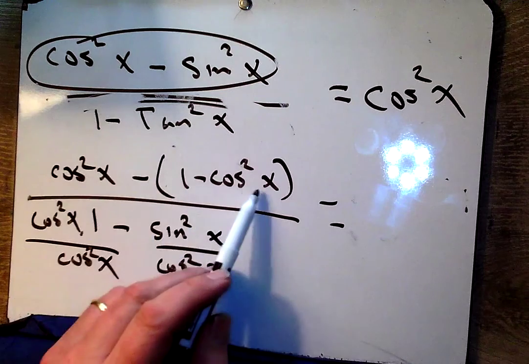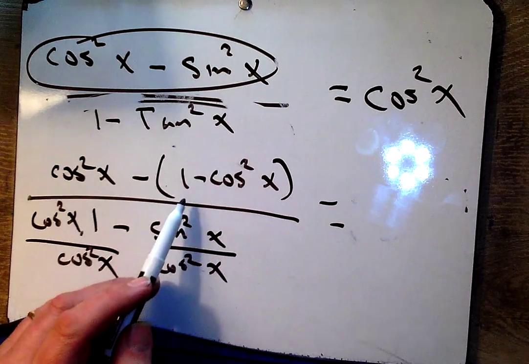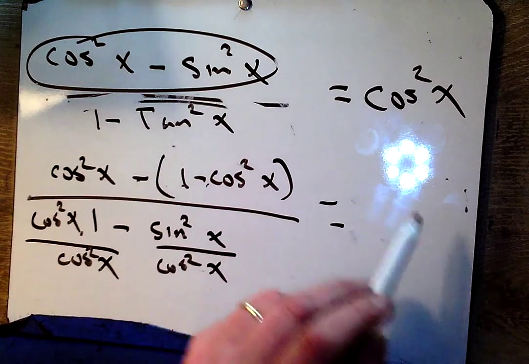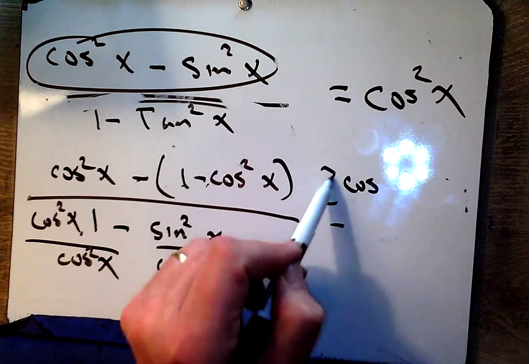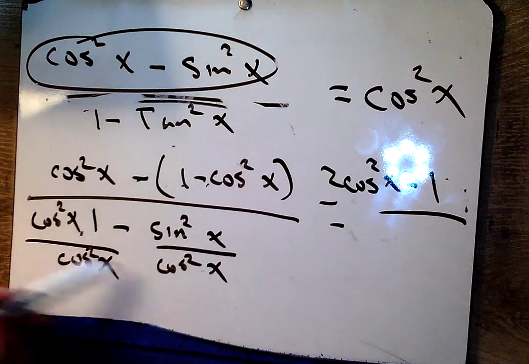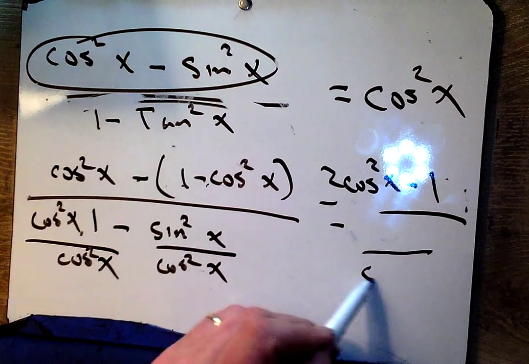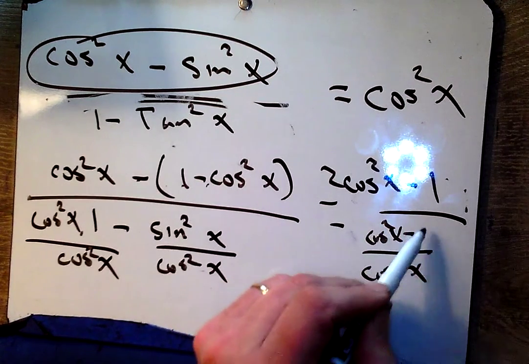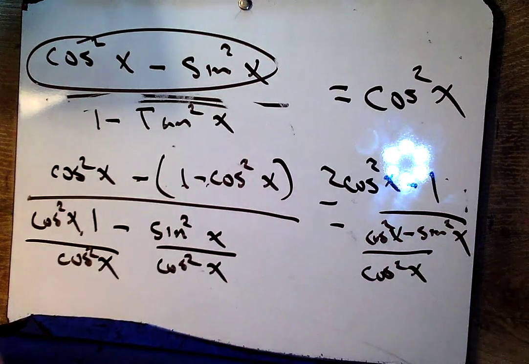On top, we got rid of the sine squared and replaced it with this stuff. So I'm going to have negative 1 plus 2 cosine squared over cosine squared. And on the bottom, we've got that common denominator, cosine squared, and here we have cosine squared minus sine squared. Wow.